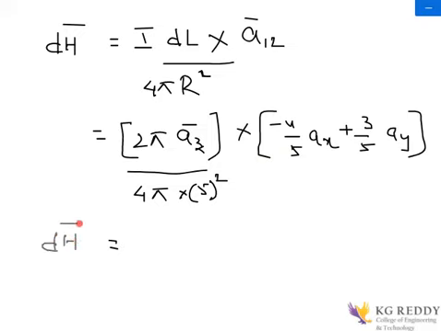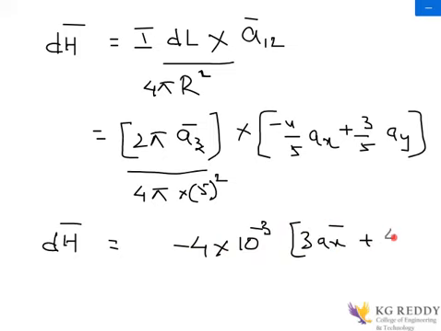In order to find out the cross product, you can go with the earlier lectures. So you will be getting 4 into minus 4 into 10 power minus 3, 3 ax bar plus 4 ay bar. This is the way you can do this.